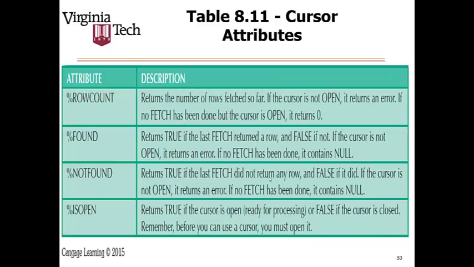There are a couple of variables associated with our cursor that we can know. Row count tells us how many things were fetched. Not found means that we've reached the end of file usually, and it's often our exit condition.